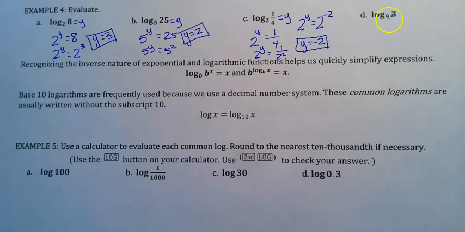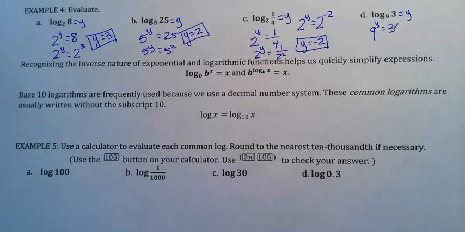And our last one, log of 3 in the base of 9. We're going to set it equal to y. So we're going to have 9 to the power of y equals 3. How am I going to express 3 as a power of 9?